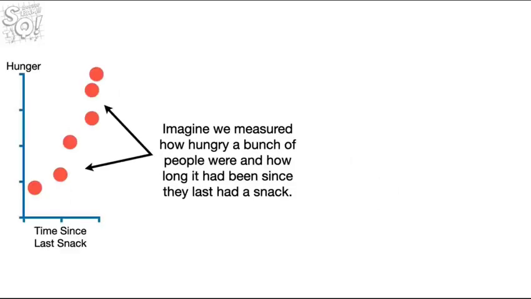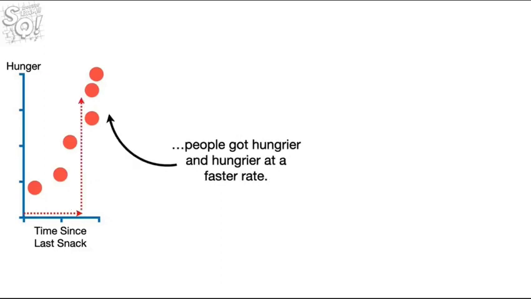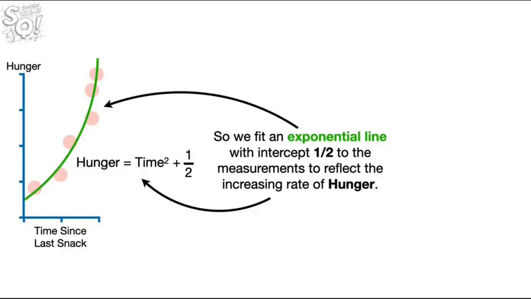Imagine we measured how hungry a bunch of people were and how long it had been since they last had a snack. As time since the last snack increases on the x-axis, people got hungrier and hungrier at a faster rate. So we fit an exponential line with intercept 1/2 to the measurements to reflect the increasing rate of hunger.